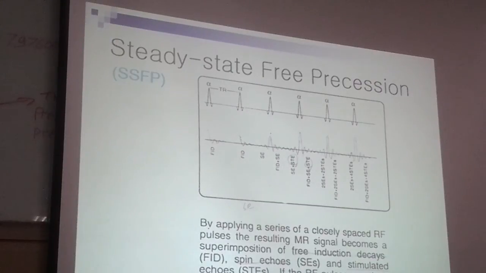No, we cannot extract each one separately. So we have to use the property of each signal, control the timing of each RF pulse, and sometimes we use the overlapped signal for the imaging sequence.